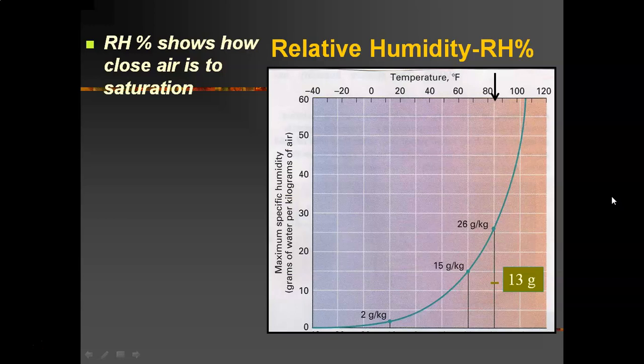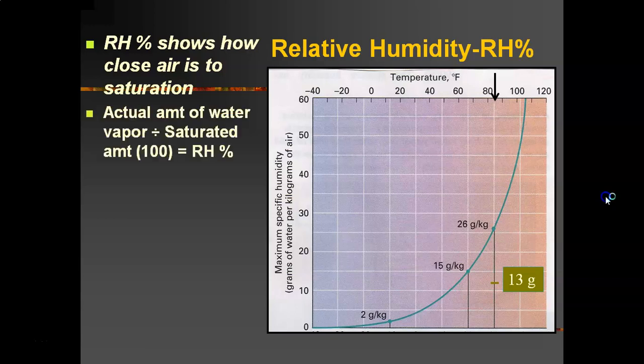And how close we're going to get to actually having the phase change from the gaseous state to actual liquid water droplets. Remember, the percentage is showing you how close you are to saturation, how close you are, all right, to getting maybe dew or fog or clouds.